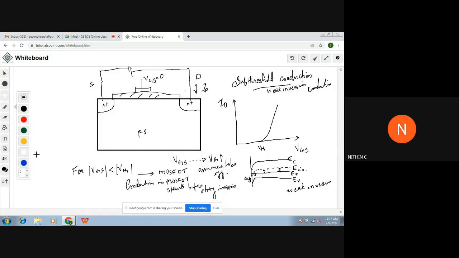You have a graph for that. I will just show that. This is 0.5. This is 1. And if I am taking this as VTH, this is actually the VGS, ID graph.